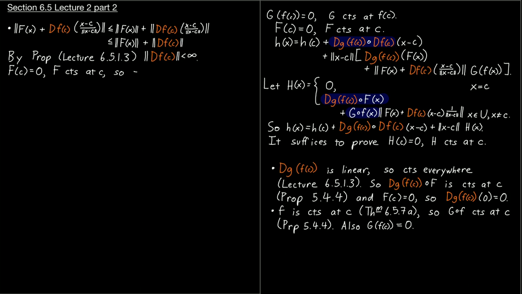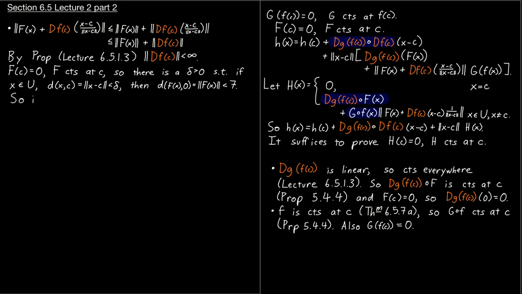So there is a delta greater than 0 such that if x is in our domain U, and also the distance from x to c, which we recall is the norm of x minus c, is less than delta, then the distance from f of x to 0, that's the norm of f of x minus 0, is the norm of f of x, is less than whatever your favorite epsilon is. Let's say it's 7.